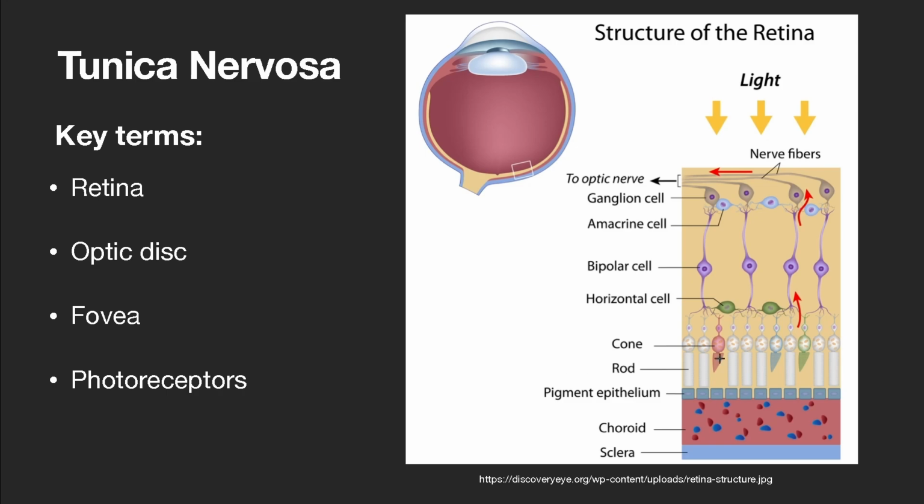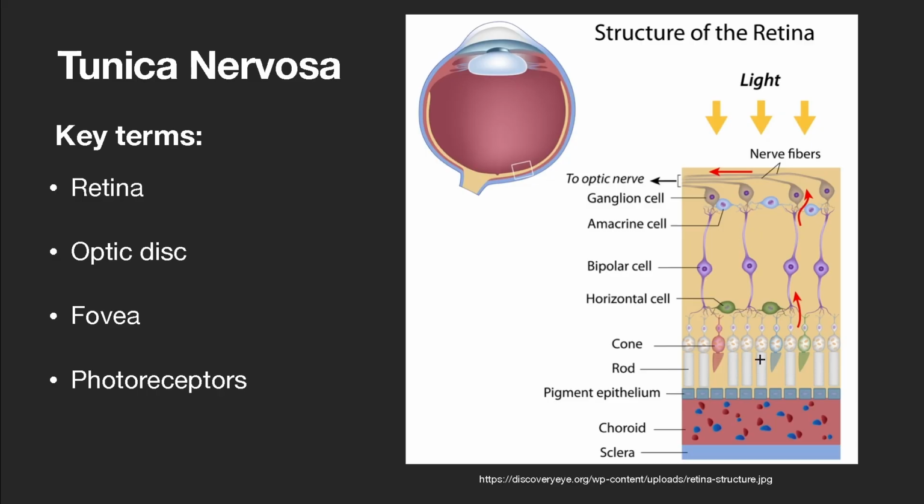So you have red cones due to red pigment in the membrane, blue cones due to blue opsin pigments in the membrane, and green cones due to green pigments in the membrane. These three are sensitive to different wavelengths of light, which we interpret as color.